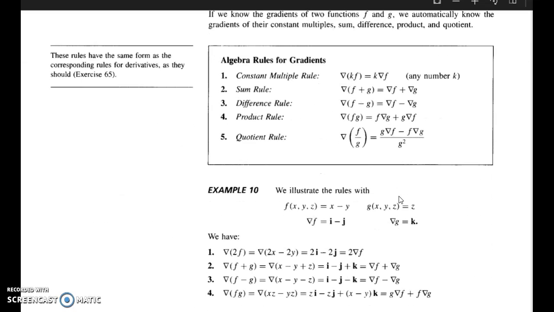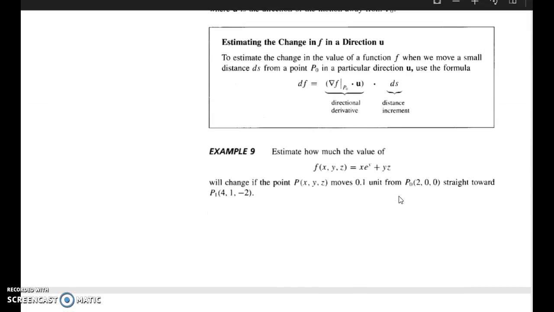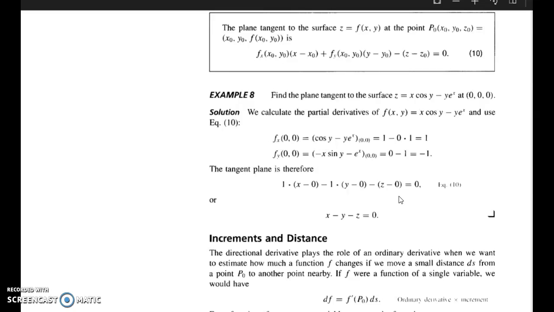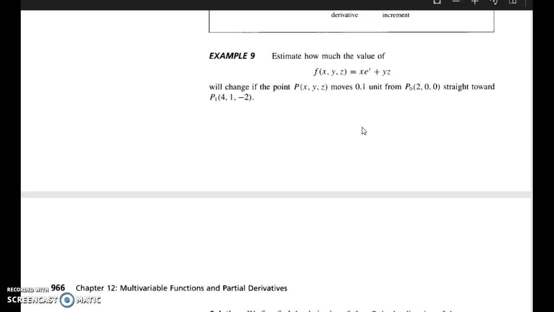So this is the problem. Estimate how much the value of f of xyz equal to x e raised to y plus yz will change if the point P of xyz moves 0.1 unit from P0 straight toward P1.